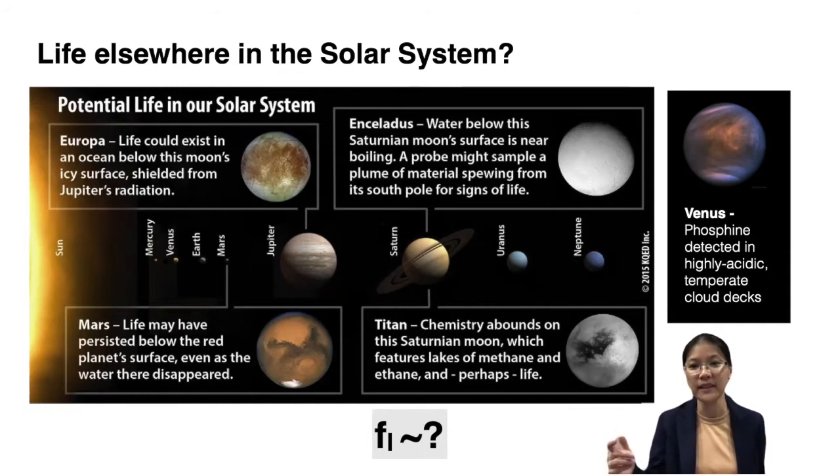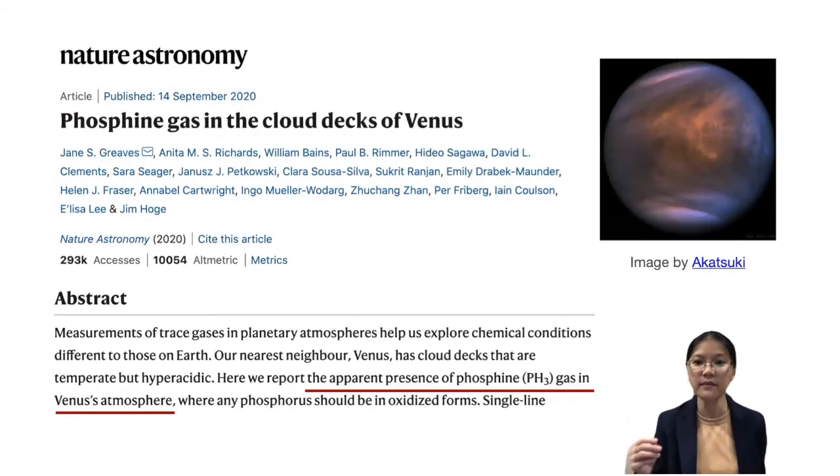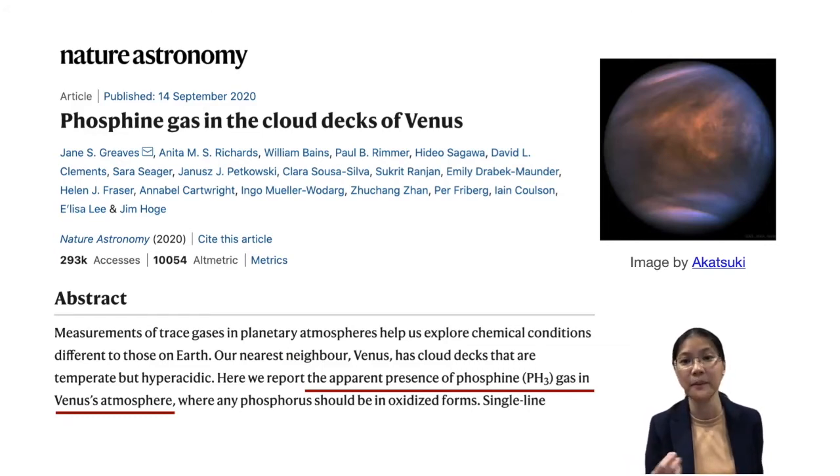But amazingly, observations have found phosphine, which is a toxic gas that is produced by acidophiles, or acid-loving bacteria, here on Earth. This is the paper that was published in Nature Astronomy, September 14th.